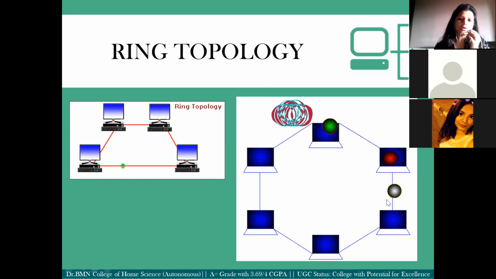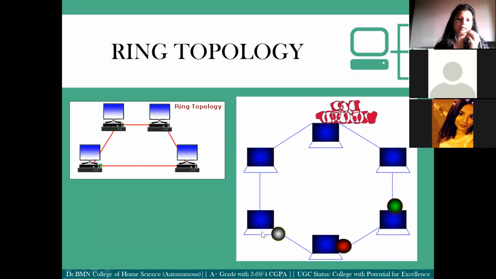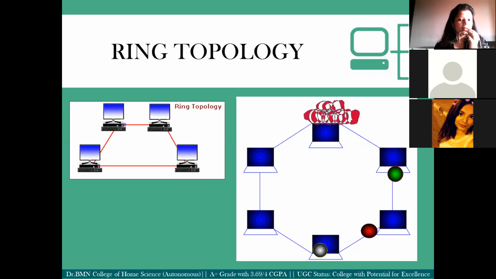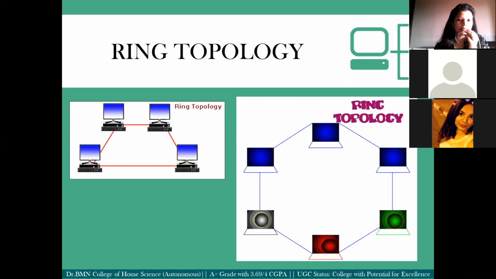Now in this particular GIF, all the links are working. Now this gray one came here, that means this is its receiver. Now imagine that this link is not working. What will happen? The entire system will stop. The transmissions will stop.